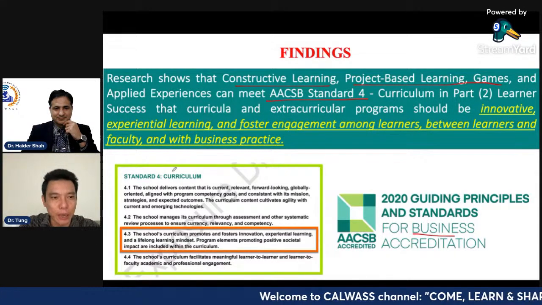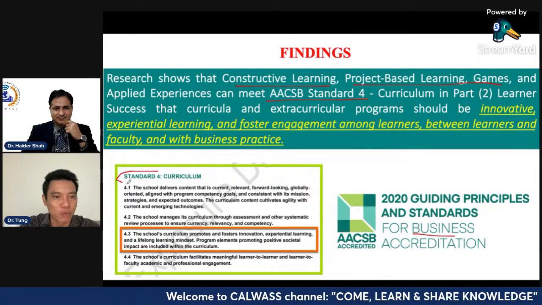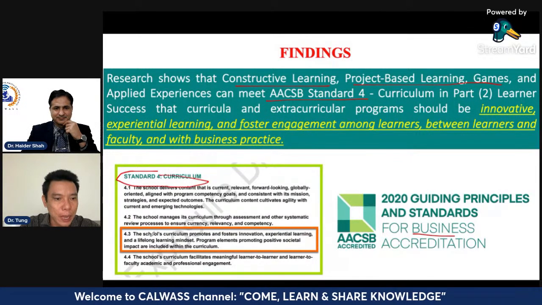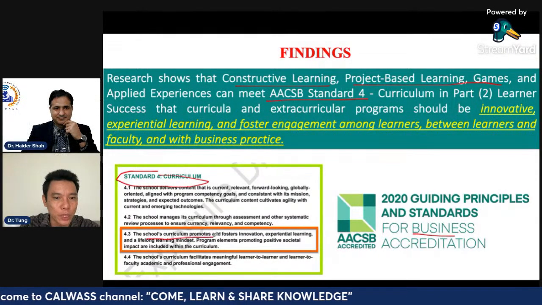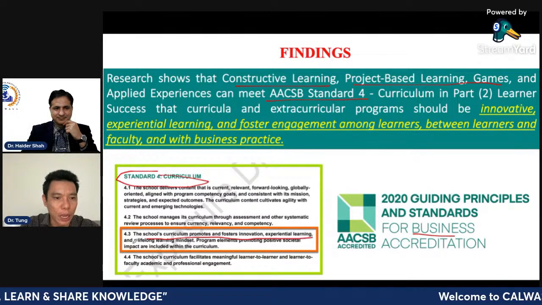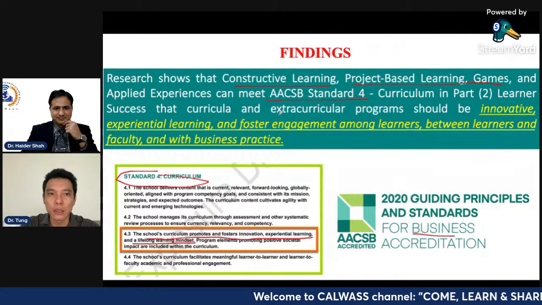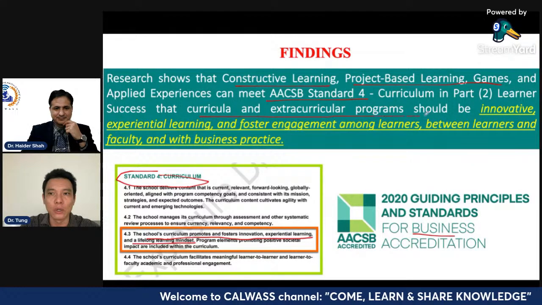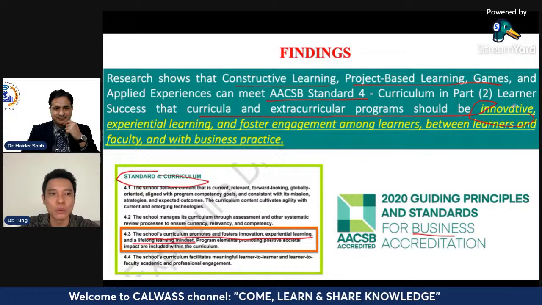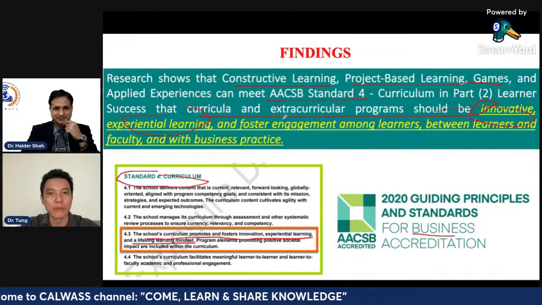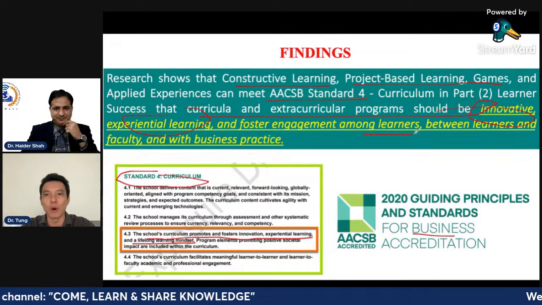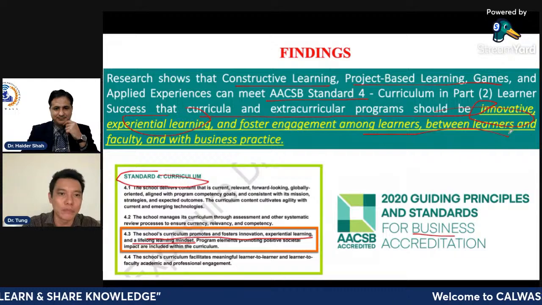So my research can certify standard number 4, curriculum. It means that the school curriculum promotes and fosters innovation, experiential learning and a lifelong learning mindset. So the curricular and extracurricular activities should be innovative, experiential learning, and foster engagement among learners and between learners, faculty, and business practices.